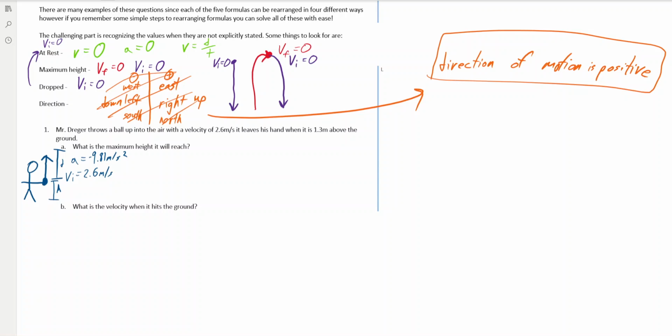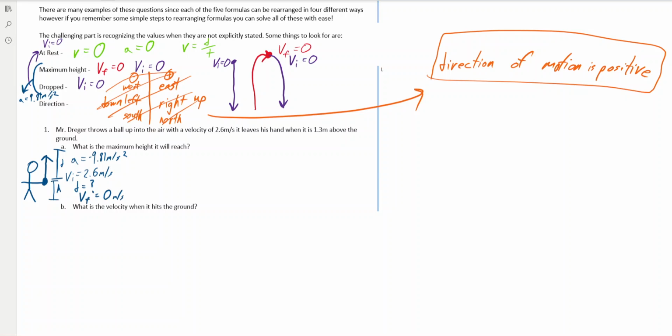The only force on the ball is gravity once it leaves my hand. Okay, so another thing to mention here is that A is negative 9.81 meters per second squared because of gravity. Okay, what else do we have? We want to know the height, so I'm going to just put a question mark there. And since it is a maximum height, that means our VF equals 0.